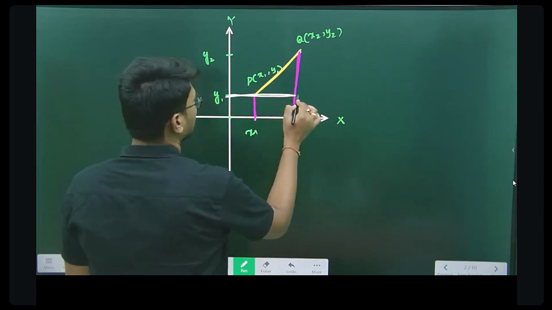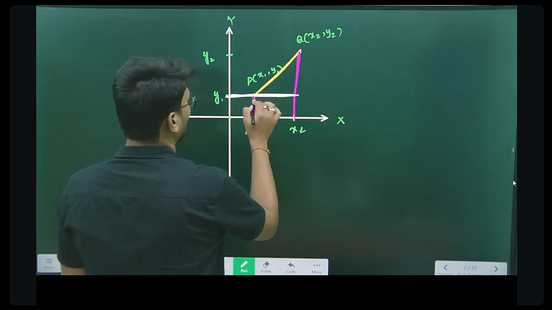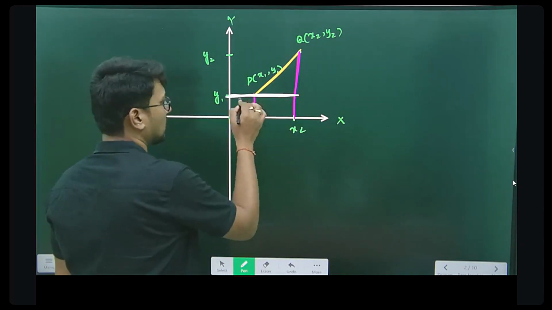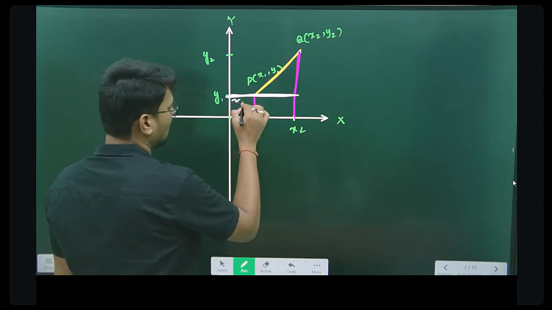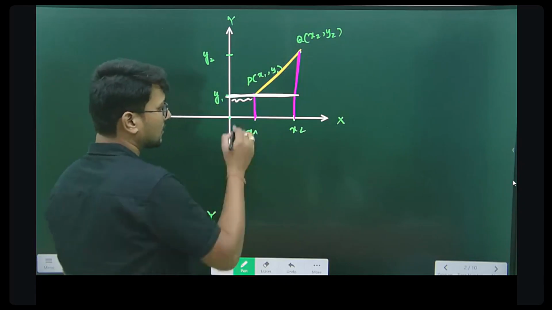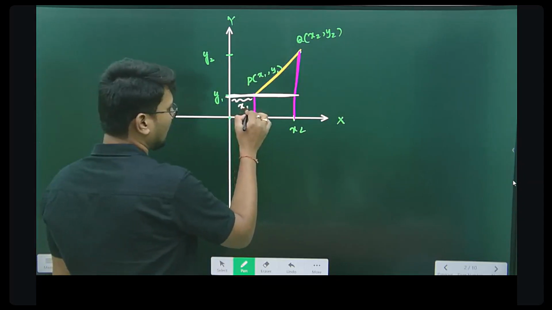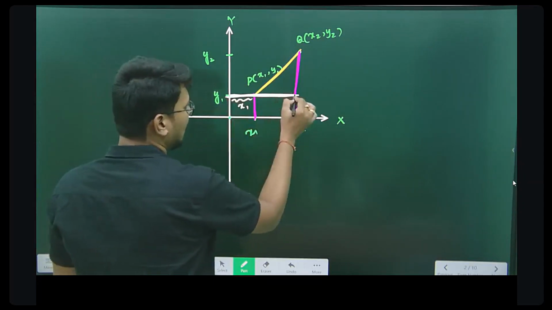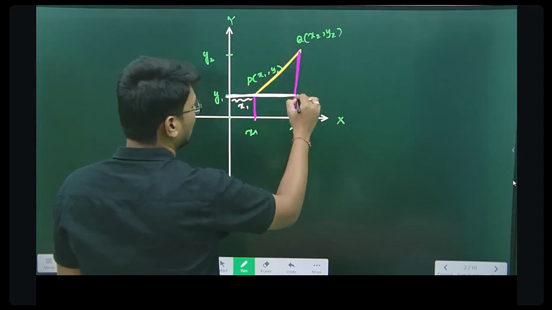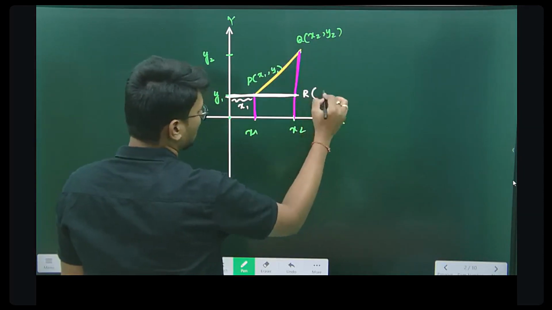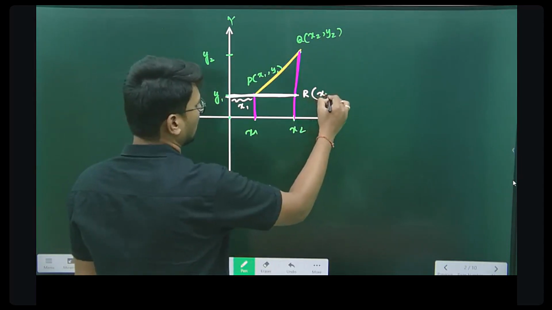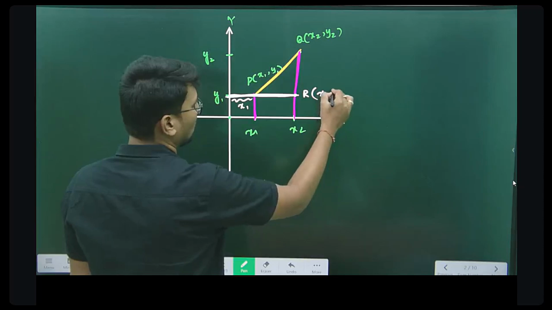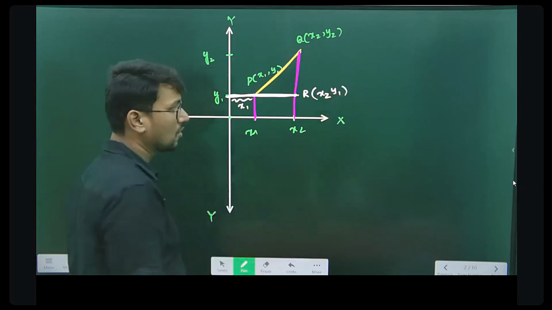So now, children, from P to the y-axis I have drawn. Here, what is the length of this one? This is the length x1. Similarly, let us name this point R. What is the coordinate of R? x2, y1.